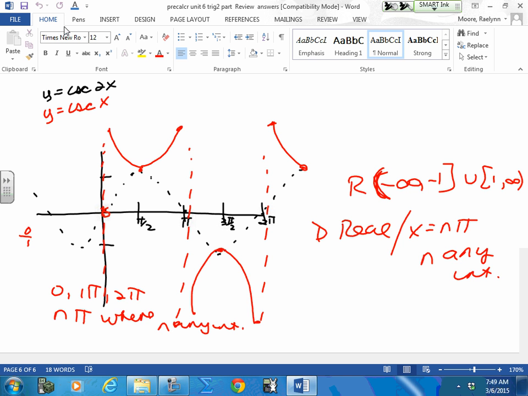What's my frequency say? What's my frequency? 2. What was my other frequency? 1. Think in terms of sine if you need to. This is going to tell me 2 says change my frequency. I want more curves in 2 pi.